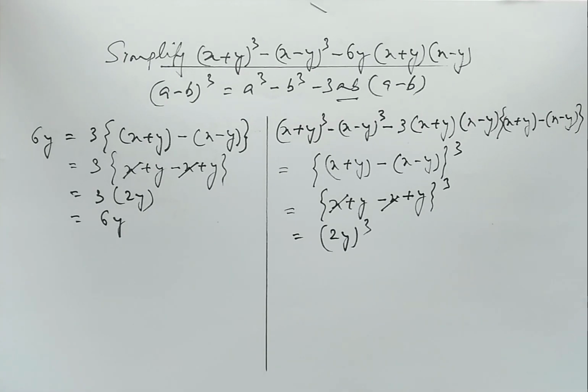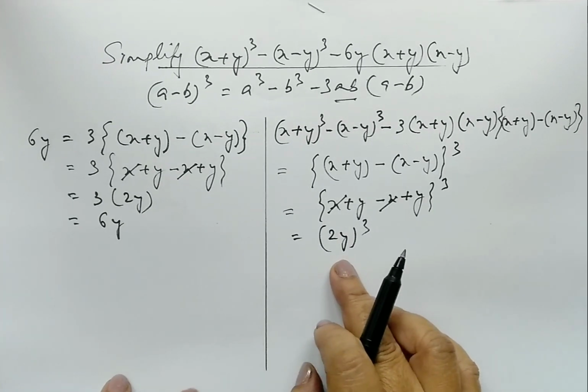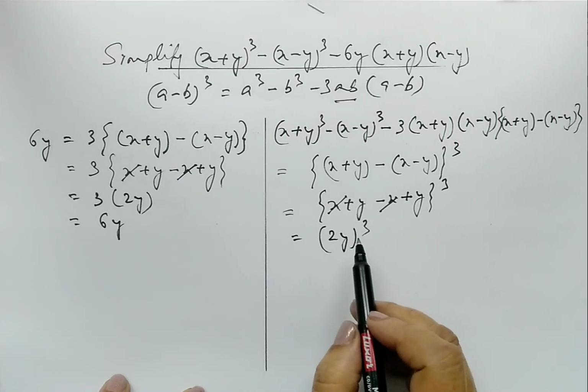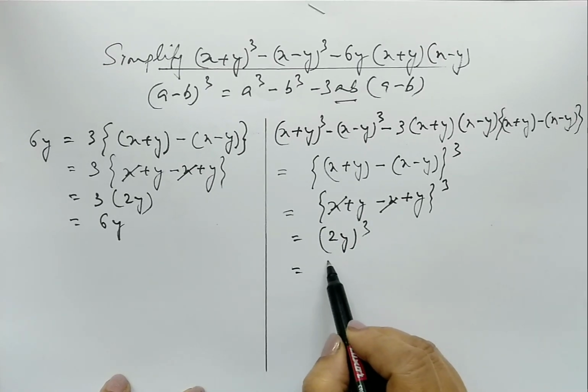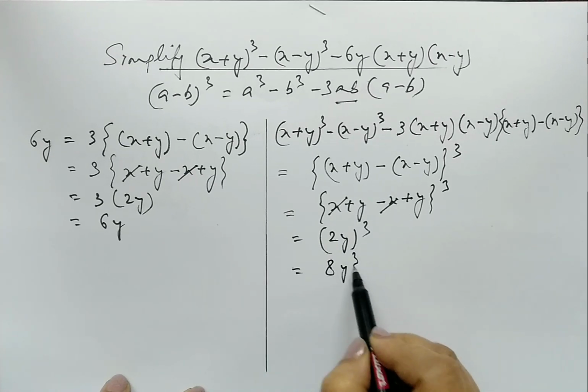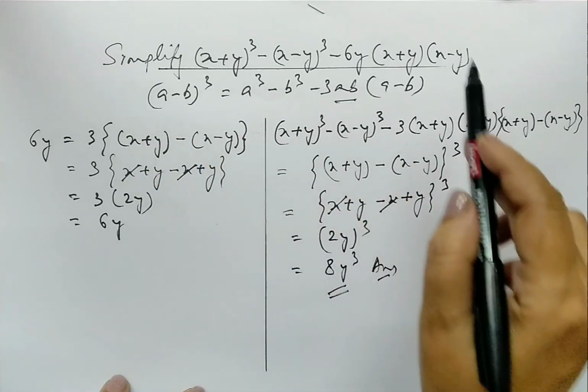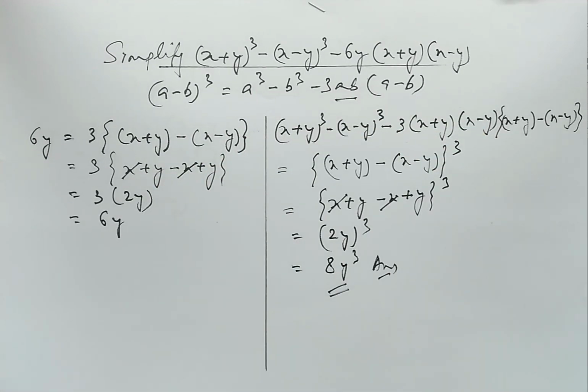If there is a 2y inside and there is a cube outside, it means 2 into 2 into 2, which is 8, and y cube. And this exactly is the answer after we find the simplified version of this.